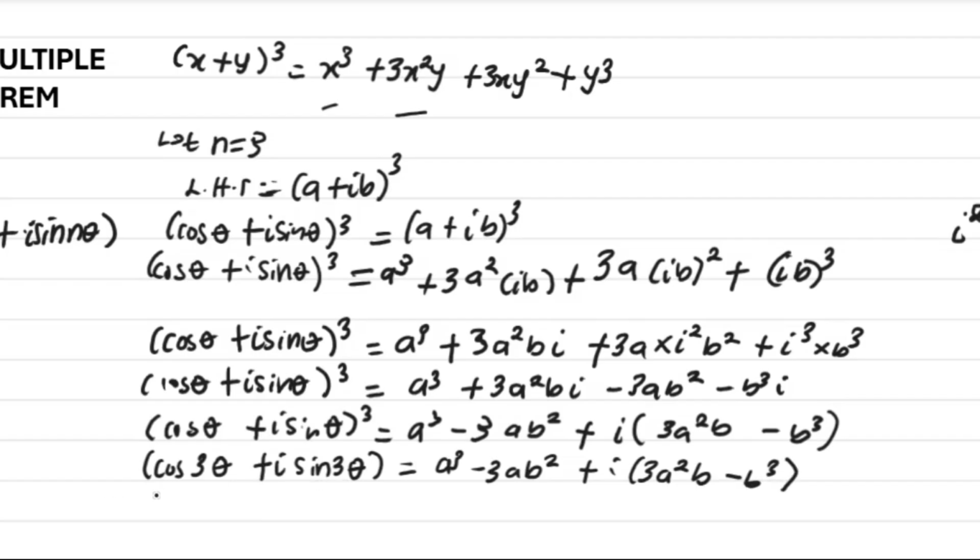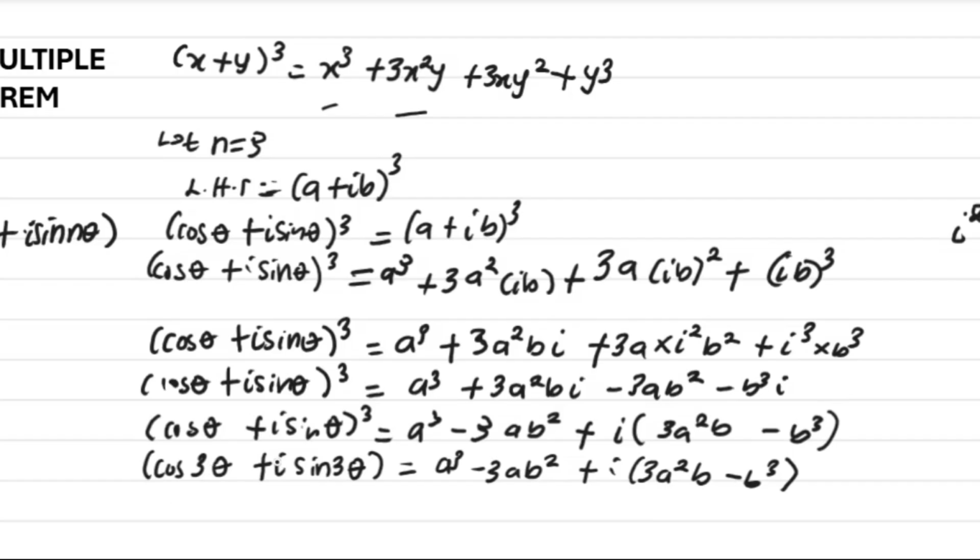So here, you will now see that the left hand side is corresponding to the right hand side. And why will I say it's corresponding? We have a real part here, we also have a real part here. We have an imaginary part here, we also have an imaginary part here. It means we can get two derivations from this particular equation.